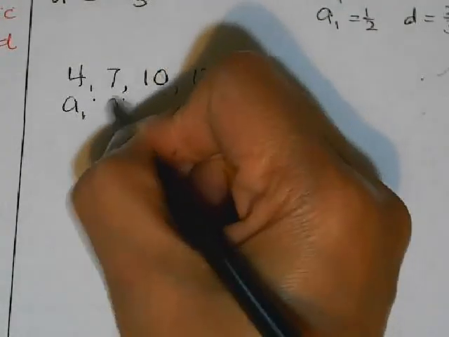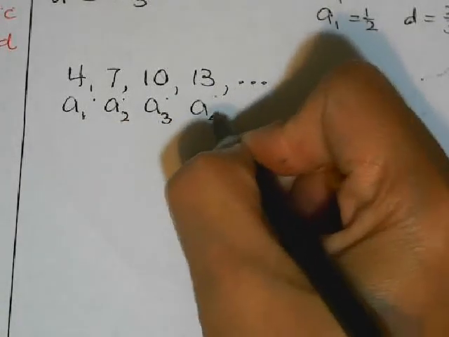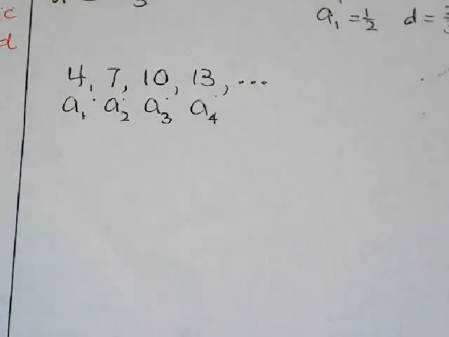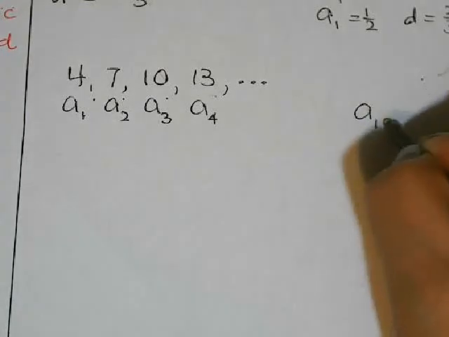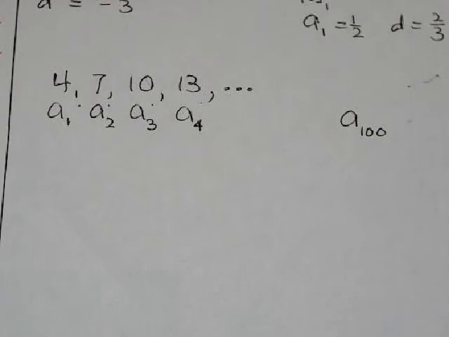This is a sub 1, a sub 2, a sub 3, a sub 4, and if you repeat adding 3 to those numbers, you're going to reach the 100th term. That will take you a long time to calculate.